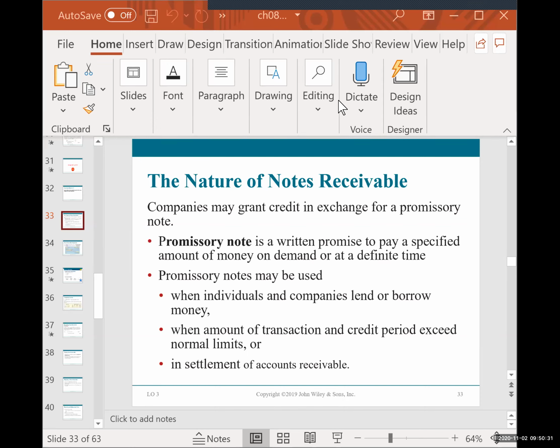And so you negotiate with that customer and say, okay, well, we'll take it off of accounts receivable. We'll give you a note. We'll extend the amount of time you can pay us, and you're going to have to pay us interest, but we'll negotiate a note for you to be able to pay us off. And they say, okay. So that would be a settlement of an accounts receivable, and we're going to learn how to do the accounting for that as well.